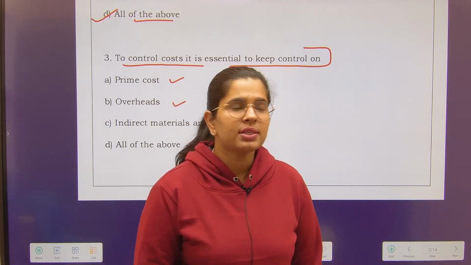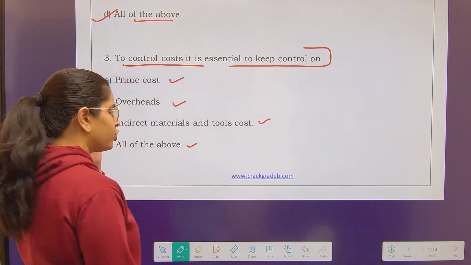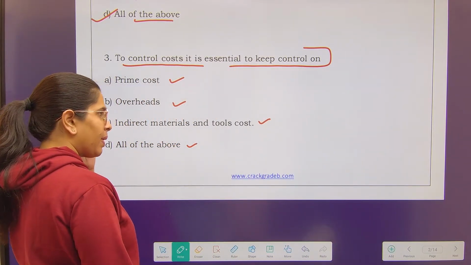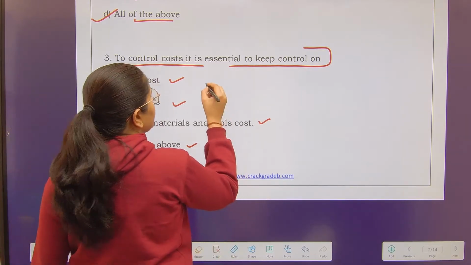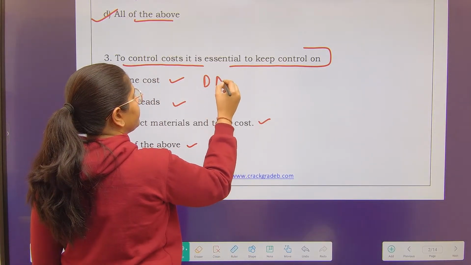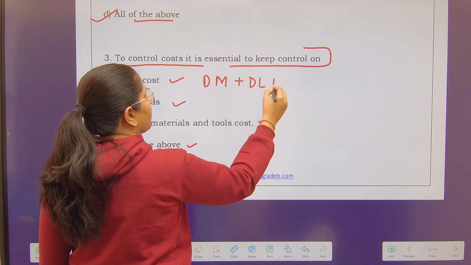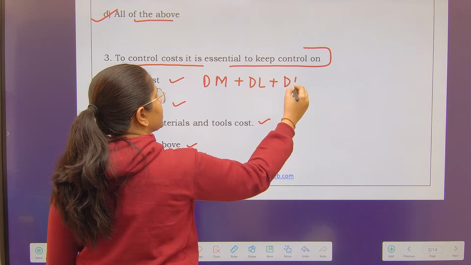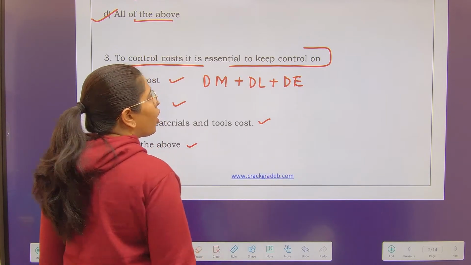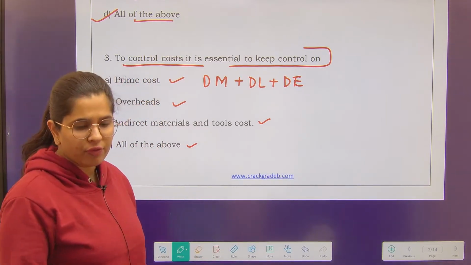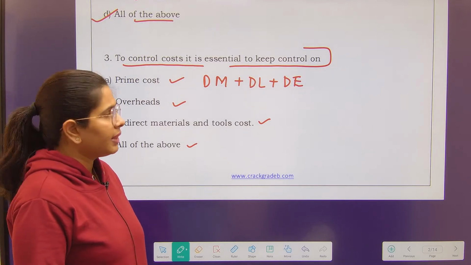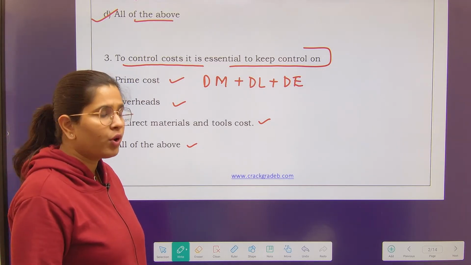See, I have told you repeatedly what a prime cost is. So prime cost is direct material, direct labor plus direct expenses. These are all involved in the production of your product. Therefore, these are called the prime cost.